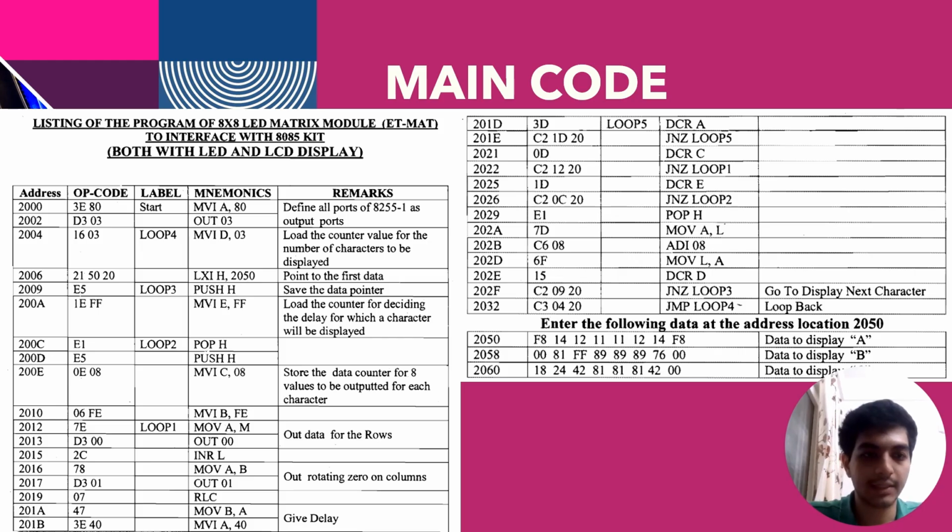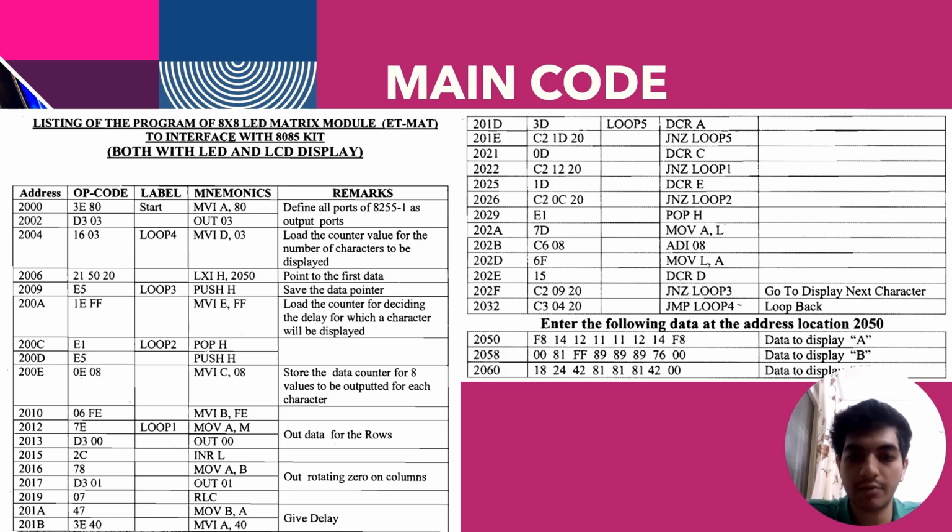Here we have taken three characters we want to display, as we have entered in 2004 address 1603, which would mean the three characters we want to display, which were A, B, and C as the default option. And this was the code for displaying A, B, or C, referenced from 2050 address.